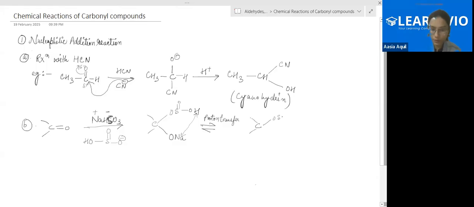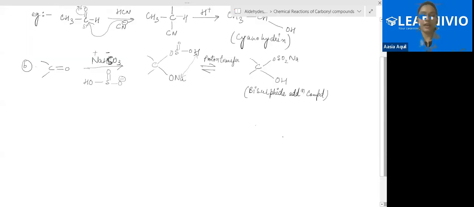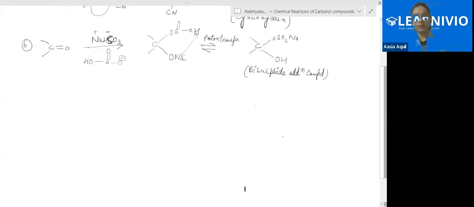You get O, SO3 and Na, and you get OH here. What is this? This is a bisulfite addition compound. Got it? The next type of nucleophilic addition reaction is the addition of alcohol.